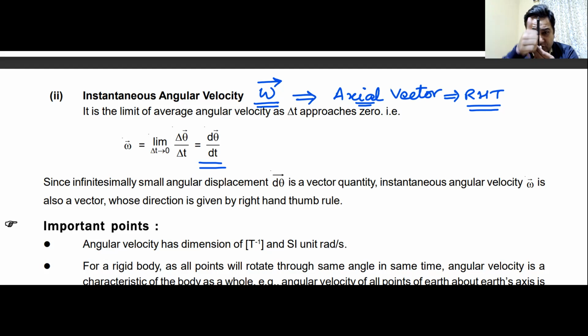If something rotates on the positive y-axis, it will rotate like this, axial vector. If something rotates on the negative y-axis, it rotates like this.